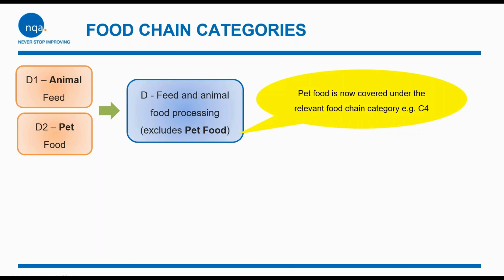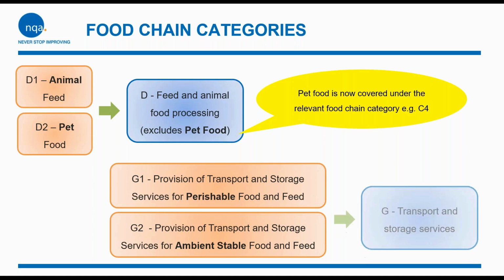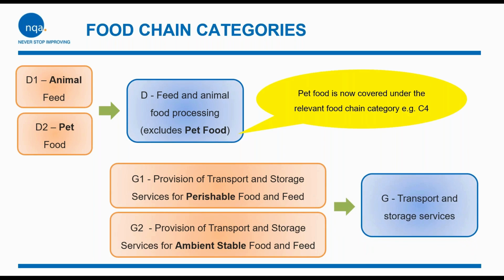Pet food is going to now be covered under the relevant food chain category, depending on the finished product characteristics. The transport and storage codes, G1, which was perishable, and G2, which is ambient stable, have now been incorporated into one category, which is just transport and storage services.